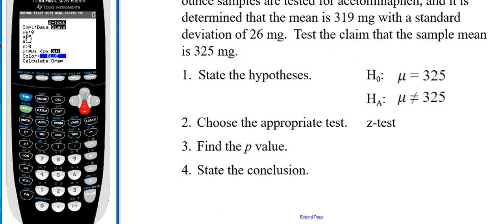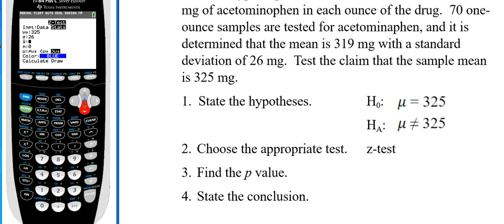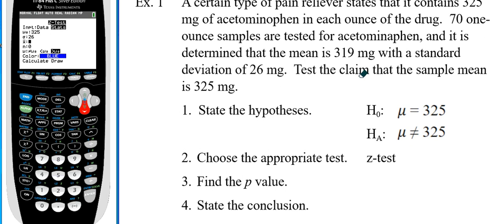The first choice is our original mean, that's 325. Second choice, that's our symbol for standard deviation, that's right here, that's 26. X bar is our sample average, that's what we determined when we collected our data, that's 319. N is the number of samples we have, that's 70. Whoops.